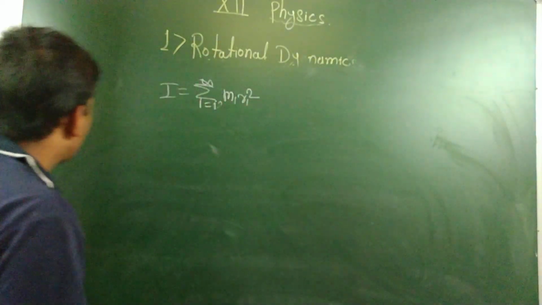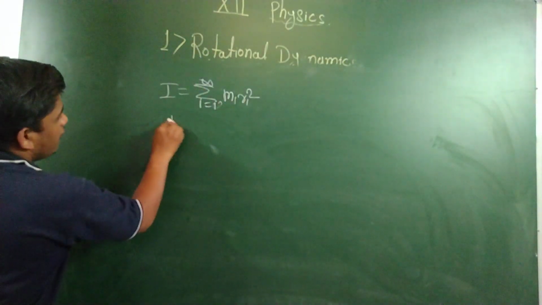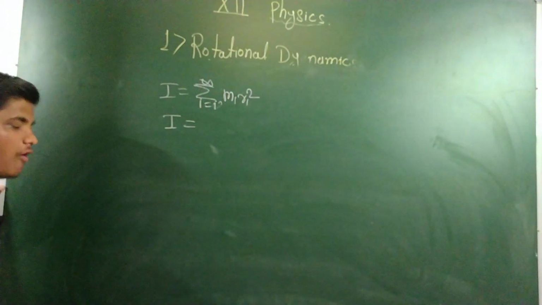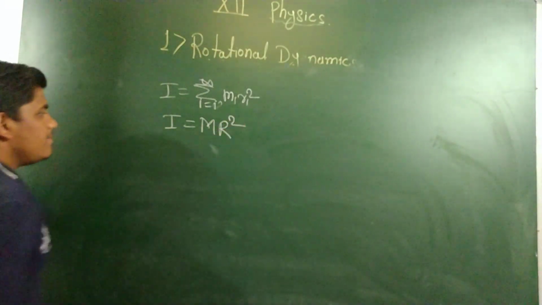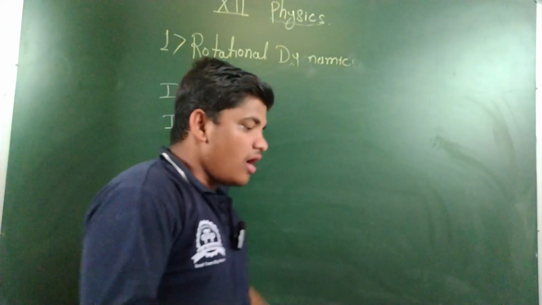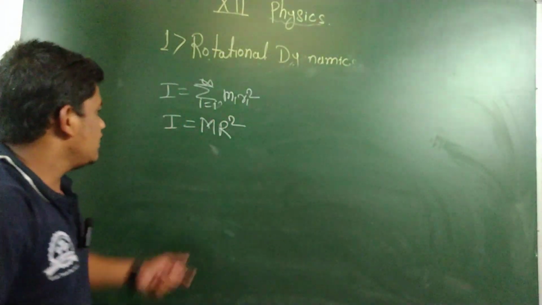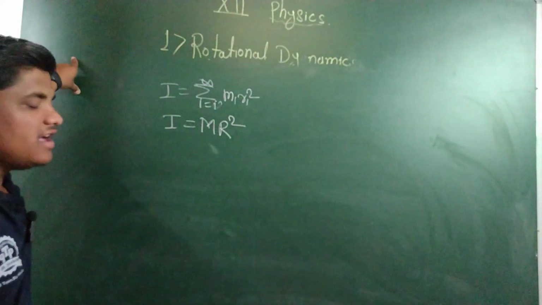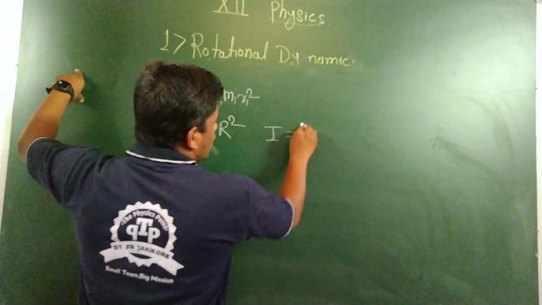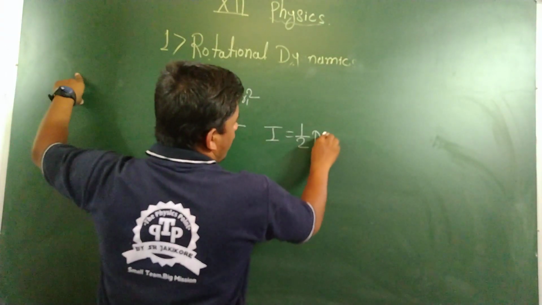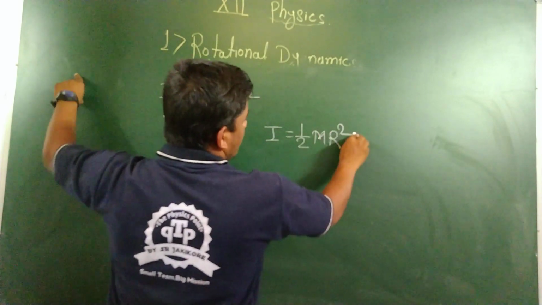After that we found the moment of inertia of the uniform ring is equal to m r square, where M is the entire mass of the ring and r is the radius of the ring. And we found the moment of inertia of the disk is half m r square.